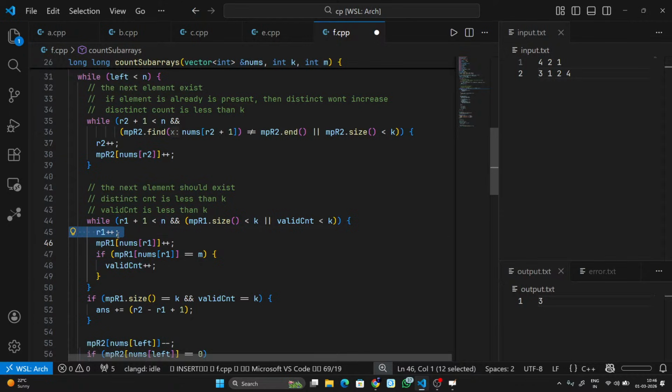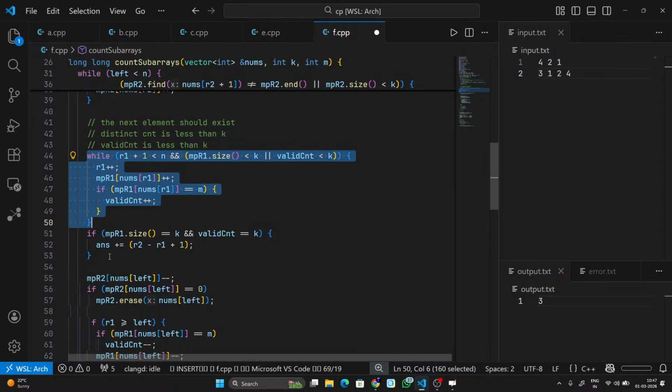When I'm incrementing the R1 pointer, I'm storing it in the map and increasing the frequency. If the frequency equals m, you can also just change it to greater than or equal to m. Oh no, actually you should just keep it m. If it is m, it has just passed the m point in frequency and we can increment the valid count by 1. So we are maintaining the valid count while incrementing the pointer.